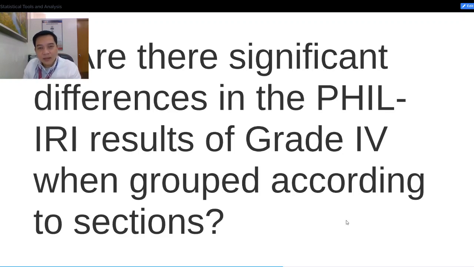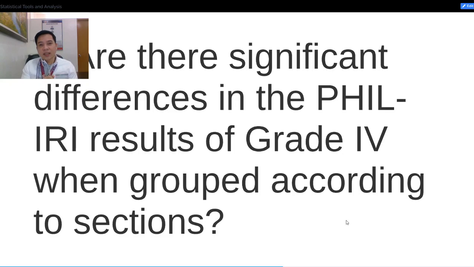But let's anchor this on a real scenario. In a medium or average school, let's say an elementary public school, the grade 4 level will most likely consist of three or more sections.